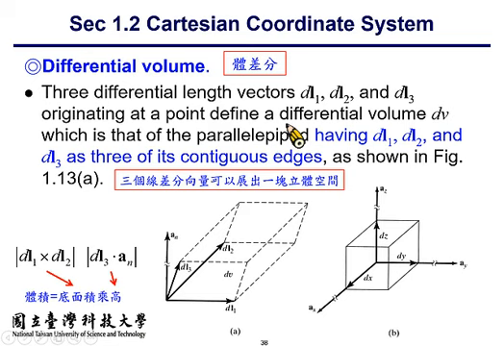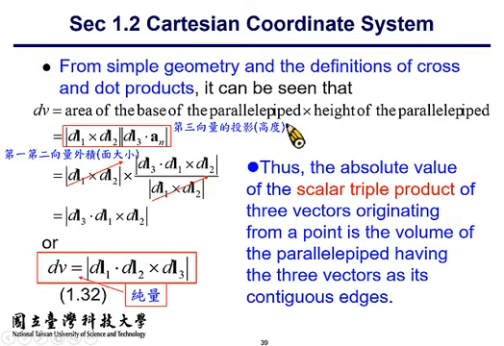All right, and the result, since it's described as a scalar triple product, it's a scalar. So dV is written in this way. Not a vector, it's a scalar. And it can be written as dL1 dot dL2 cross dL3 or dL2 dot dL1 cross dL3 because you are taking the absolute value.